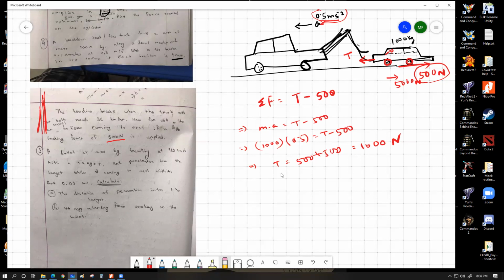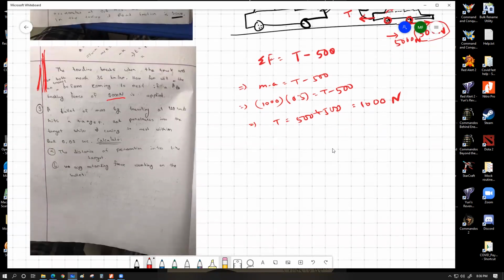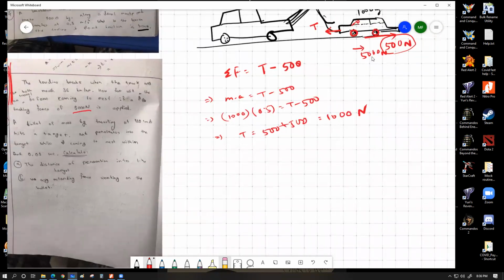So for this math, we could use either of these values. Either we could use 5,000 Newton itself, considering that is the total braking force within which 500 Newton is included, or we could add up these two forces and use that number for our calculation as well.